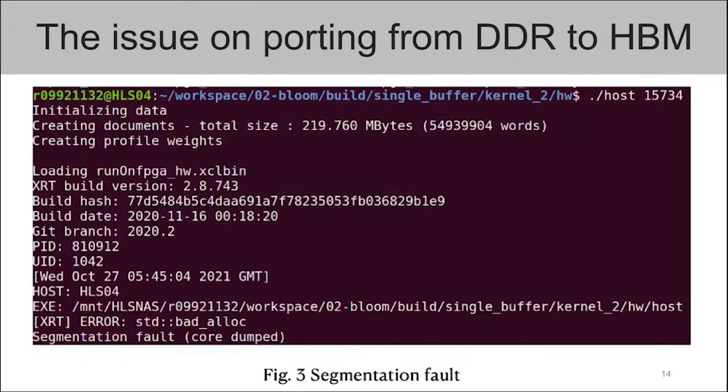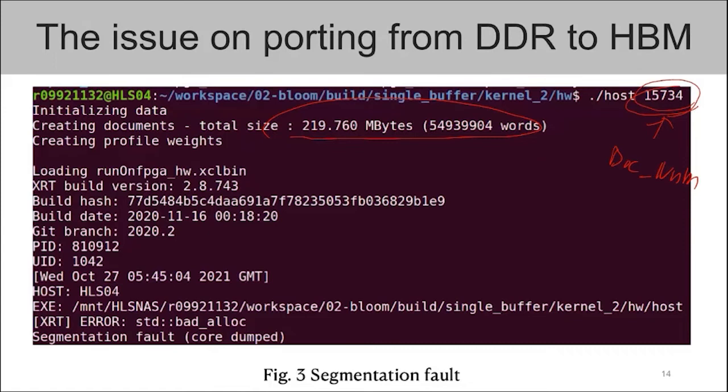So if you allocate, for example, here, this one is a document number, for example 15,700, you cannot allocate it in a single pseudo bank in high bandwidth memory.